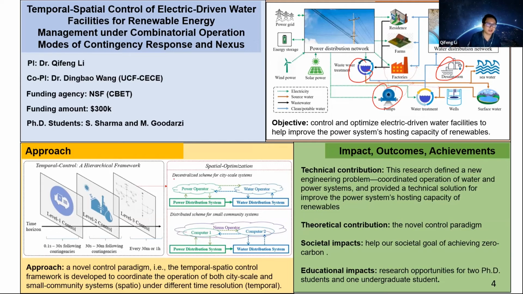For example, the decentralized and distributed optimization technology that we propose here. Under such a setting, the water utility will just operate the water system, while the power utility will just operate the power system. They can achieve the global optimal solution with only sharing limited information. And this is the goal of the spatial optimization.